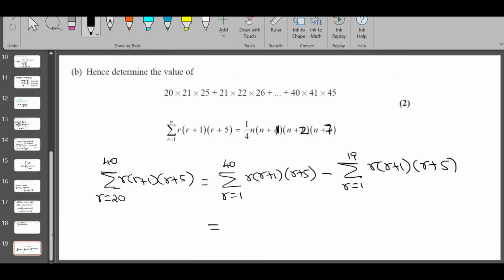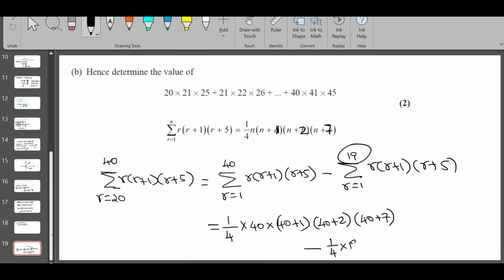So in this case 1 over 4, n is the upper limit, n times (n plus 1) times (n plus 2) times (n plus 7) minus, here the upper limit is 19, that's n, 1 over 4 n times (n plus 1) times (n plus 2) times (n plus 7). That's all.